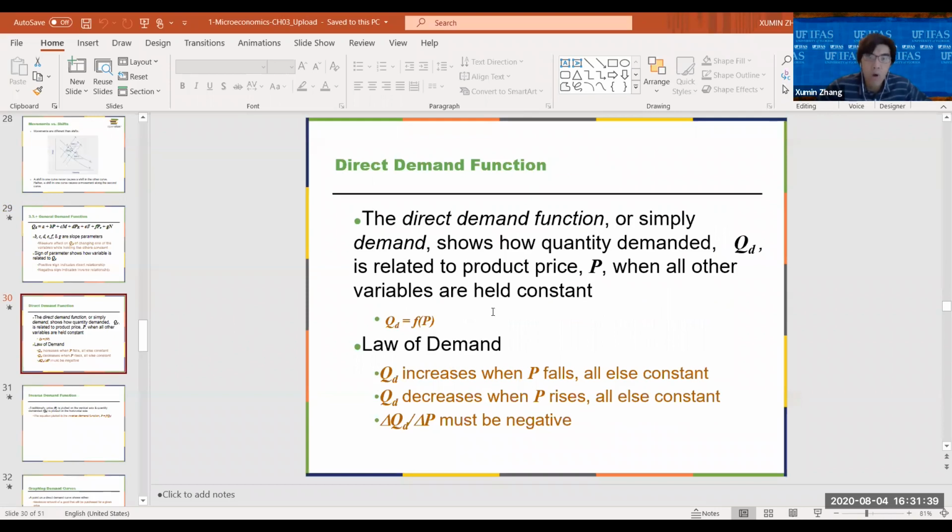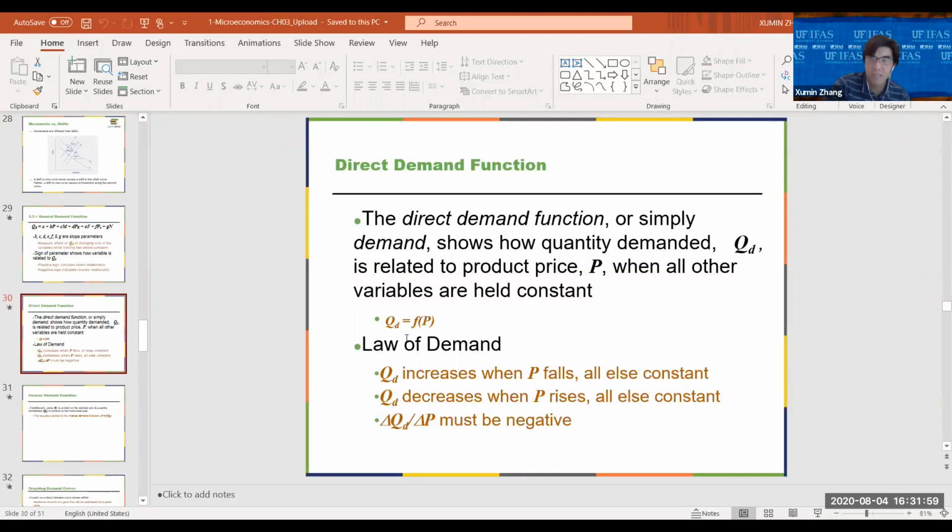First of all, the law of demand we have mentioned. We use a very simple form, which is QD equal to a function of P. If we remember, we have mentioned ceteris paribus, which means we assume everything stays fixed, and only the P, the price, changes.